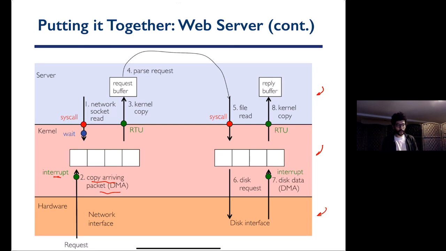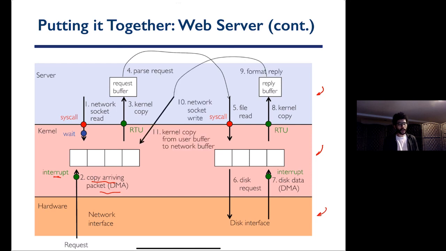You say, I have the data you wanted, and finally the data is sent through another system call to send the packet to the users. So this is kind of like you're looking at how many system calls and interrupts and so on and so forth.